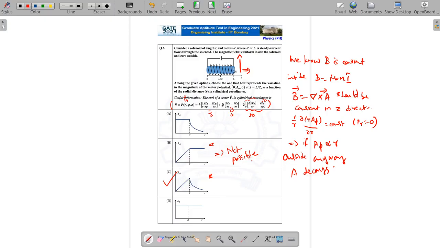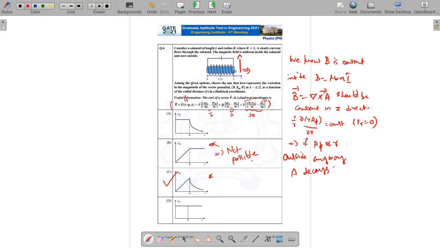So outside it's actually easy to guess, like anyway if you move away from the source, any field, whatever it is, whether it's a magnetic field or a vector potential, it will be decreasing. Here actually this is not physically possible, like it remains the same throughout, so you can simply neglect this option. So the leftover is only this option C. So it increases linearly till the radius capital R, then it decreases in this fashion.